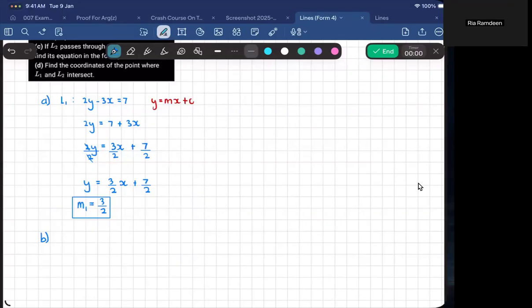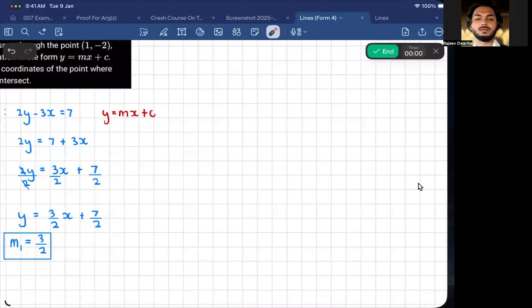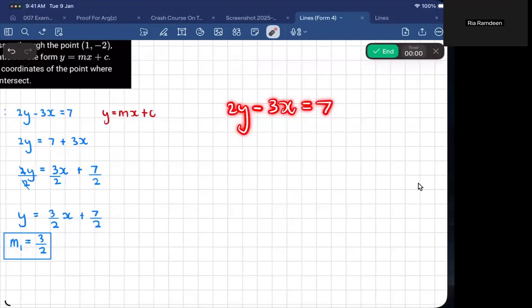I got 3 over 2, but my negatives and my positives, I kind of mix them up. Wait, I want to address your working. You have 2y minus 3x is equal to 7. First of all, Ria, what are you finding for?